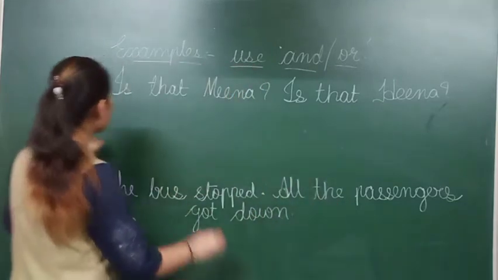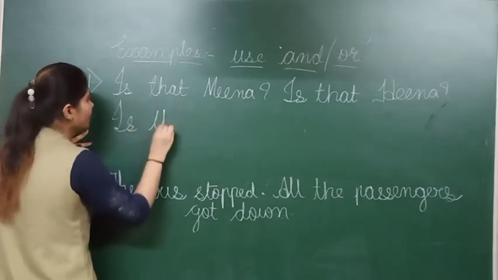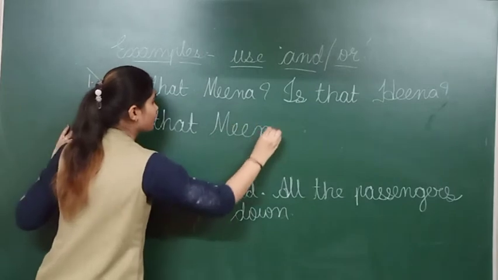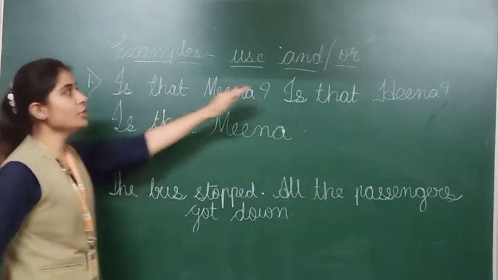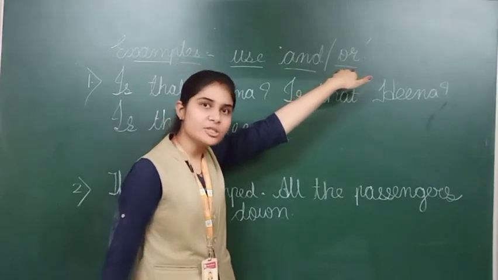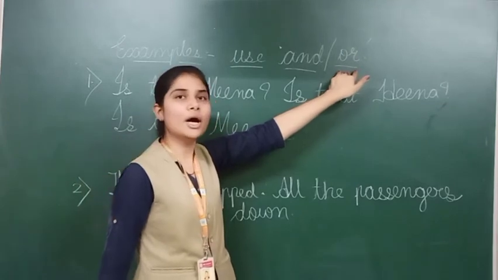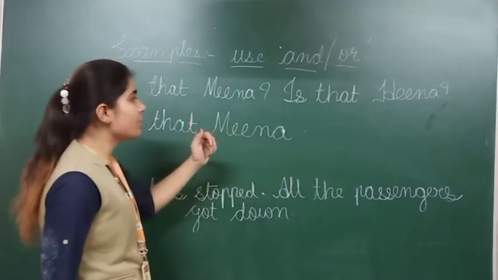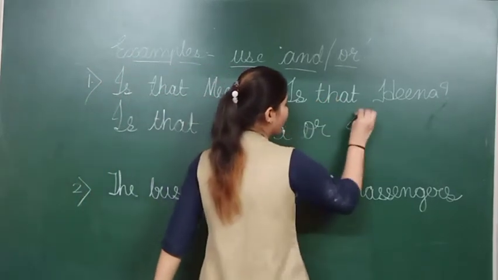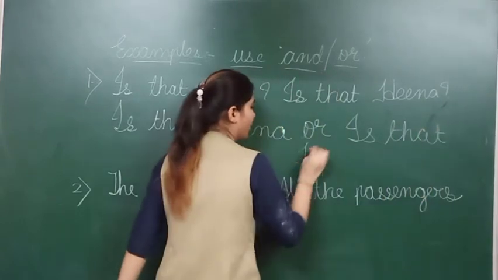So how will I make the answer in this? Look at the board. First of all, I will write the same. Is that Meena? Now what will I do? I am going to use the conjunction word or because I am having the options, Meena or Hina. But will I write, or is that Hina?